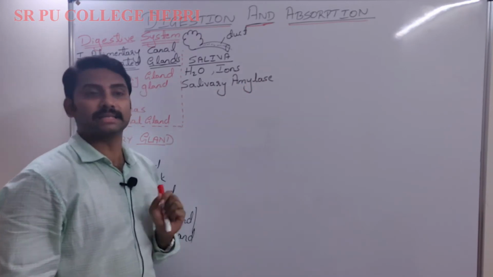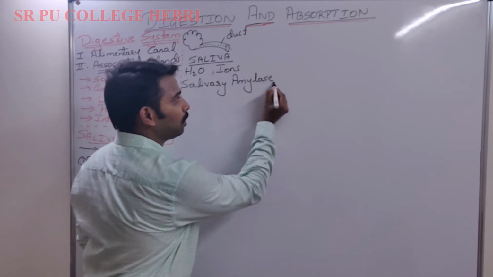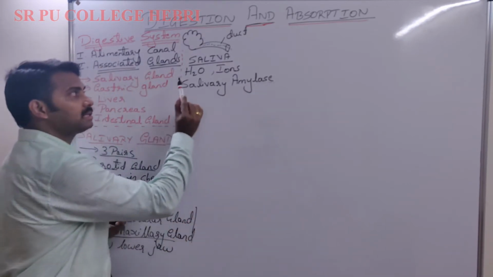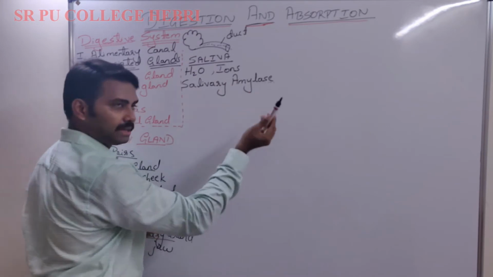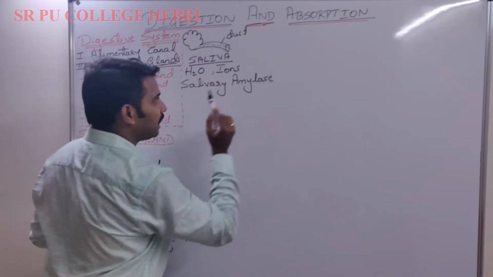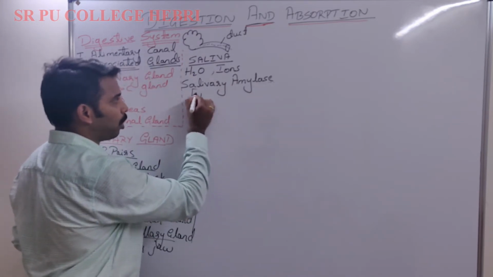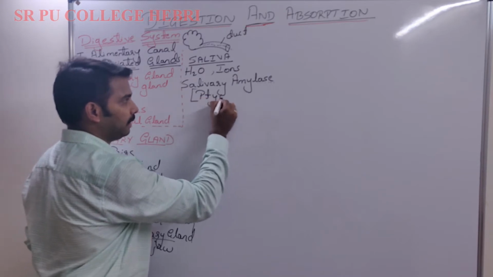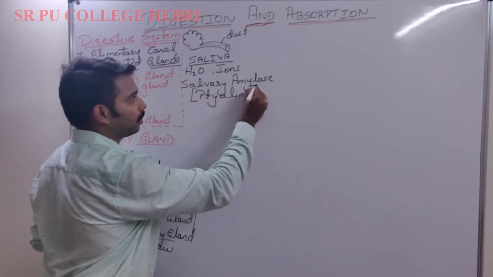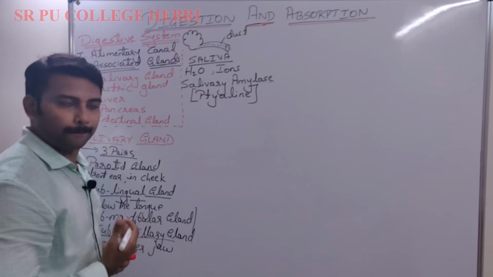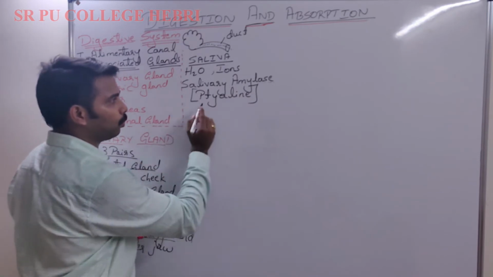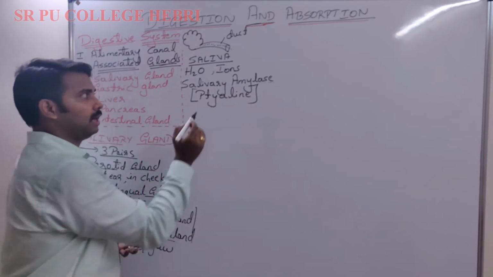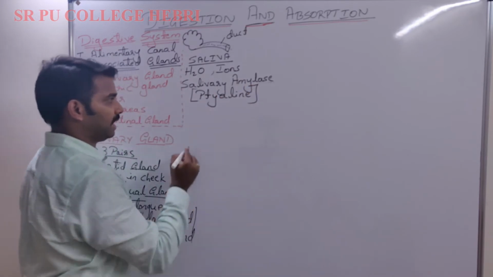It is an enzyme because there is a suffix called what? ACE. The enzyme present in the saliva is easy to remember, salivary amylase, which is commonly called ptyalin. P silent when saying, but the spelling must have P. What is the common name? Ptyalin, but NCERT calls it as salivary amylase.